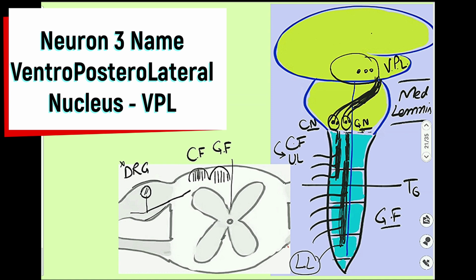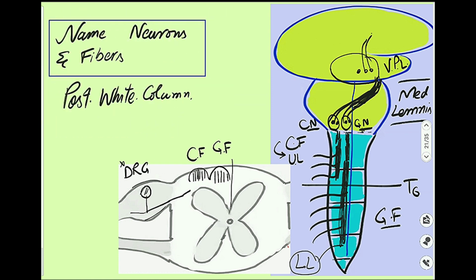The third order neuron will move from here and will reach the destination, that is areas 3, 1, 2, the postcentral gyrus of the parietal lobe. During its course, these fibers will pass through two regions of the cerebral hemisphere.